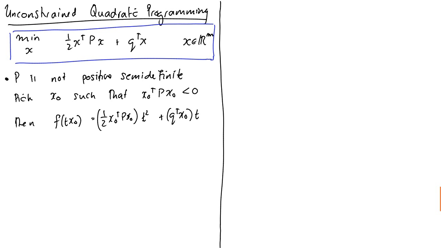You can see that the coefficient of the t squared is negative, so we've got an upside down quadratic. As t goes to infinity, our function is going to go to negative infinity. So f of t x0 goes to negative infinity as t goes to infinity. There's a nice negative case to start with. If our matrix is not positive semi-definite, then we can find an x0 that means our function doesn't have a minimum.